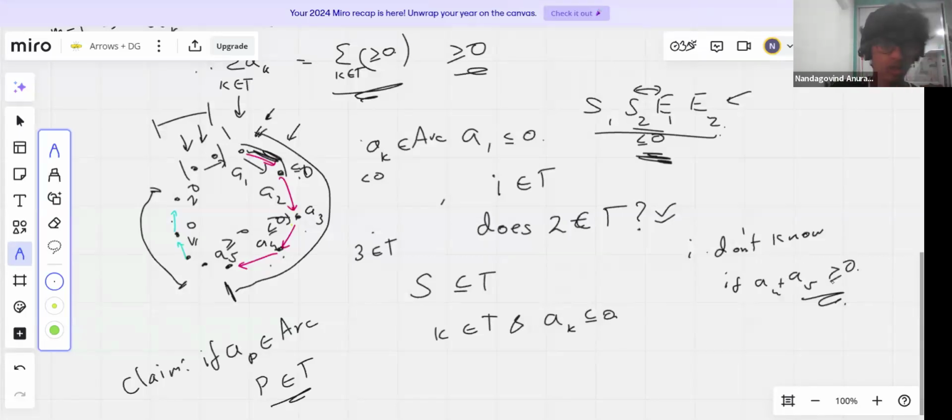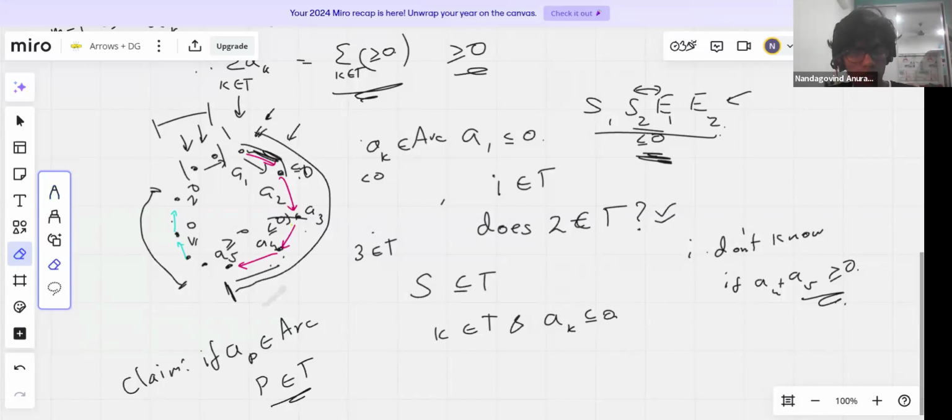A4 plus A5. So if this breaks into an arc, and this is greater than or equal to 0, right? That's fine. Is that what you're trying to say? Like if you remove this element, then one of them will be greater than or equal to 0. Was that what you're saying?